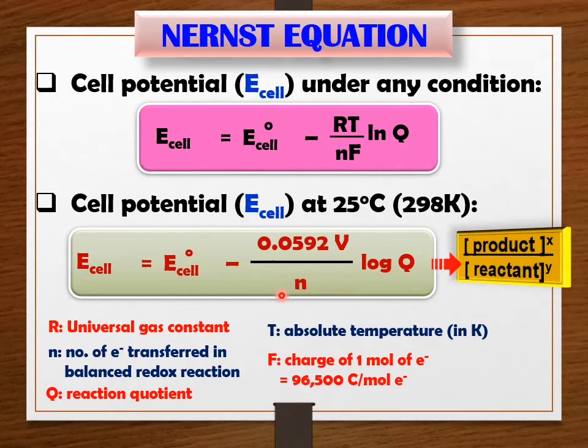Later I will teach you how to use this formula. Normally we use the second formula if the reaction is at 25 degrees Celsius, which is 298 Kelvin. In the questions, most reactions are at 25 degrees Celsius.